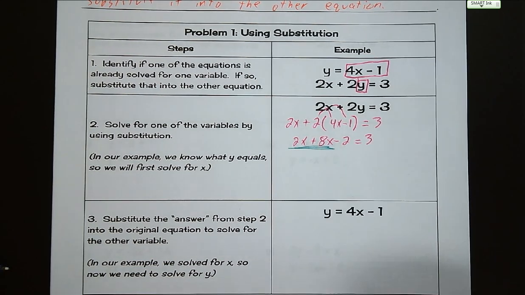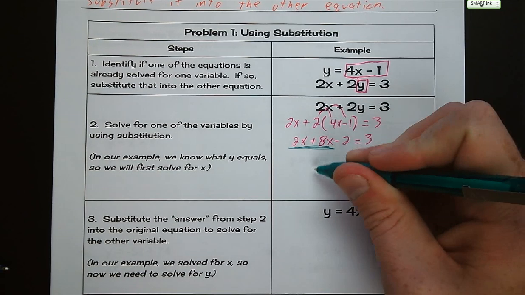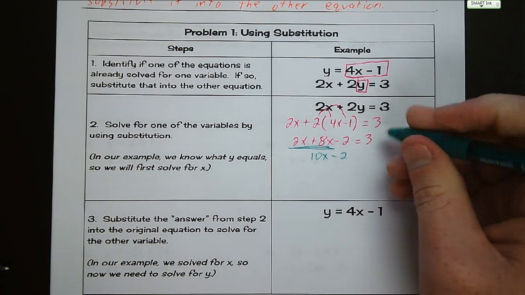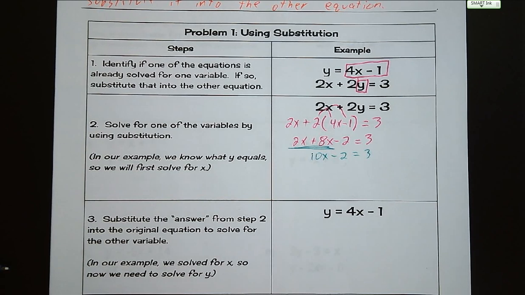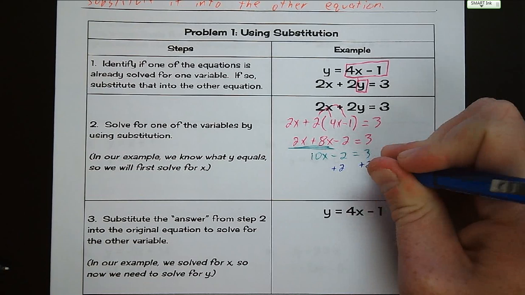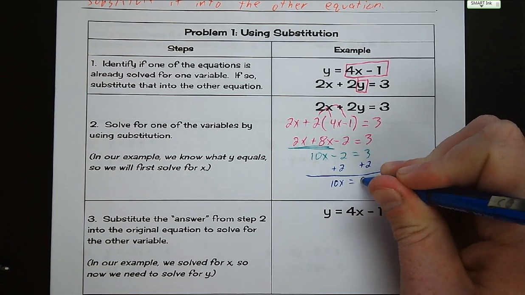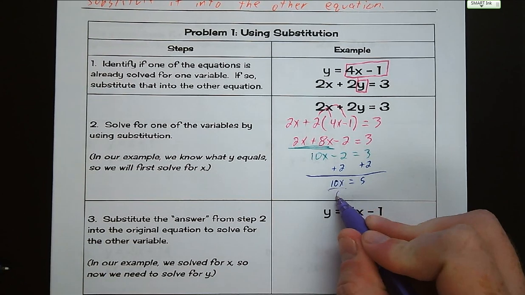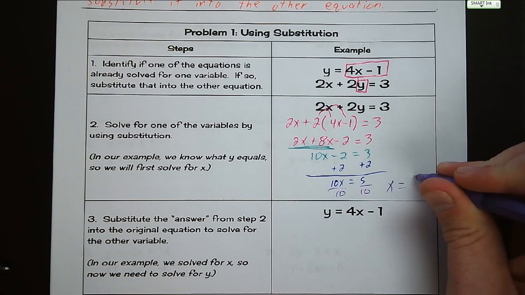So all that work we did at the beginning of the year is coming back again. So 8x plus 2x is 10x minus 2 equals 3. Our next step is to add 2 to both sides. So 10x is equal to 5. Final step is to divide by 10. So x is equal to 1/2.